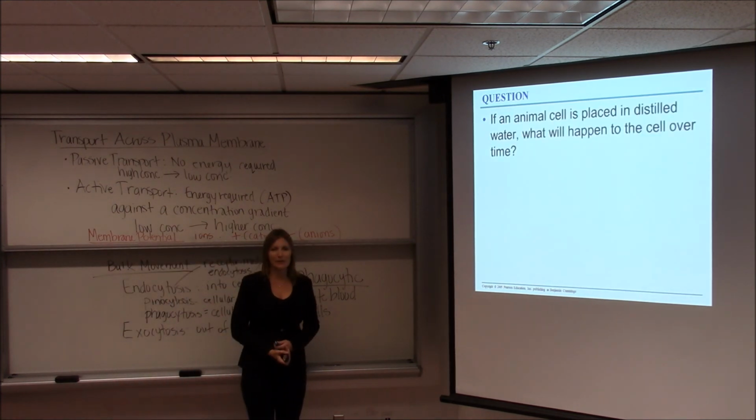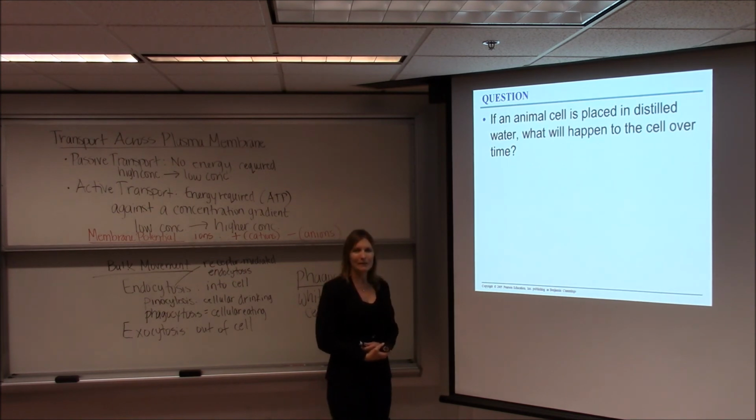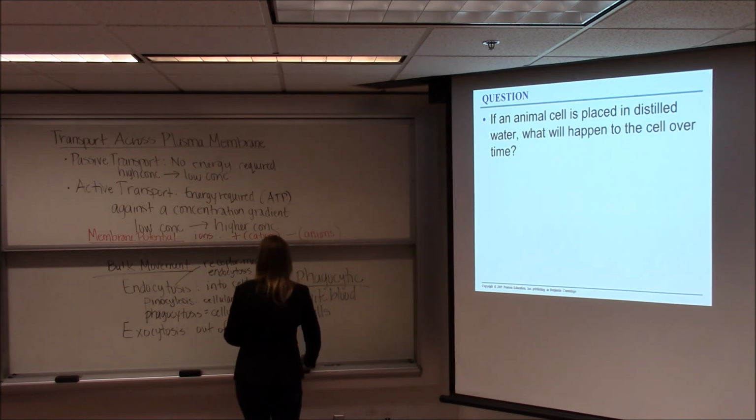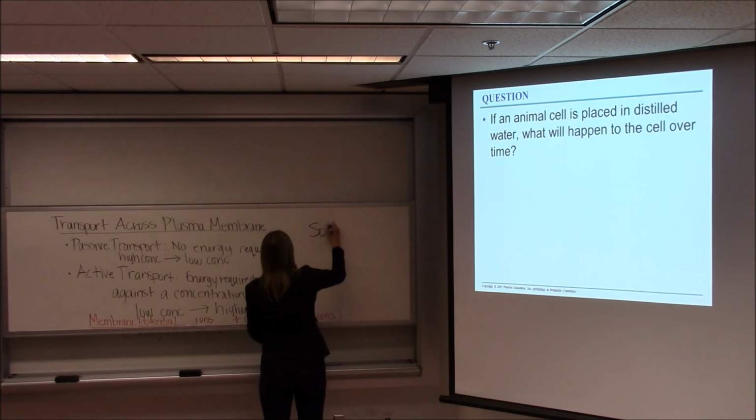Okay, a couple of quick review questions about transport across the plasma membrane. If an animal cell is placed in distilled water, what will happen to the cell over time? Well, this can be kind of a tricky question. You have to think about what is in distilled water. And remember, this all goes back to something called solute concentration.